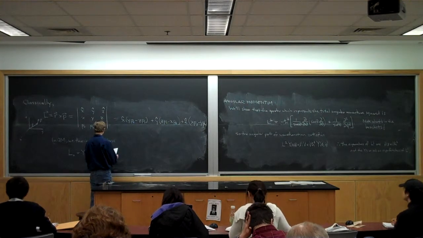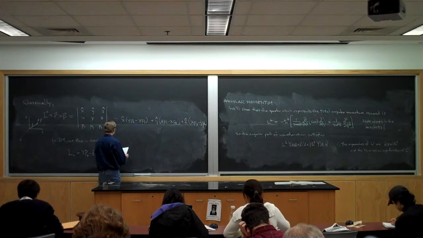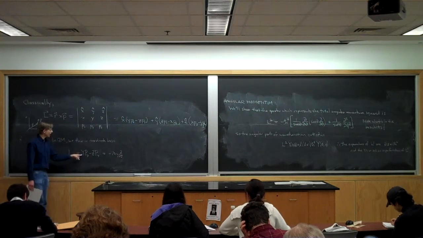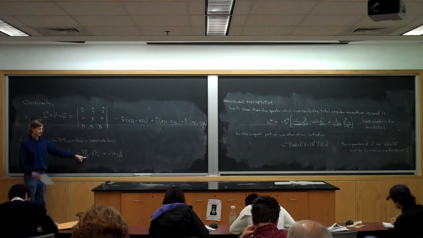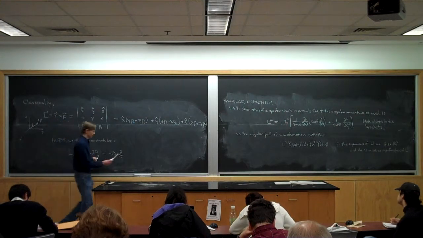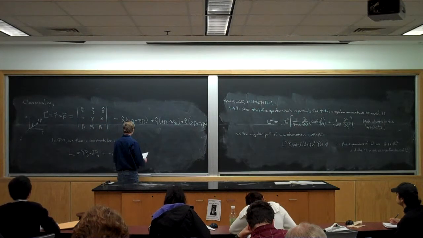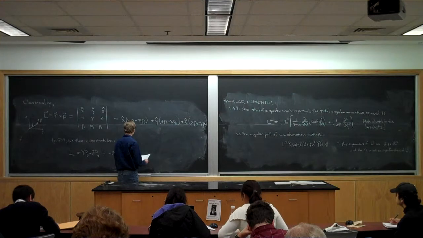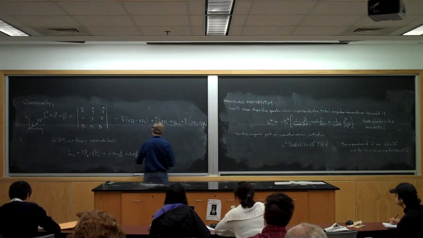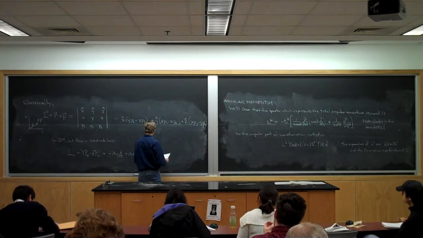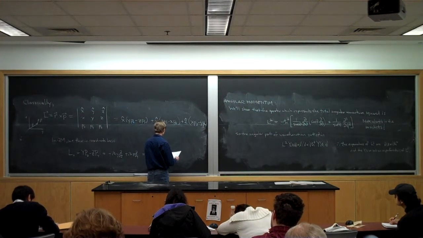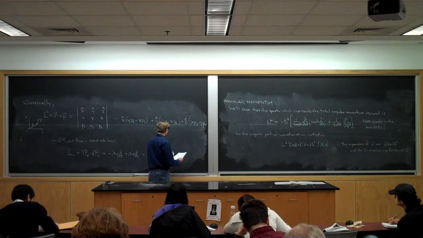So this becomes minus iħ y partial with respect to z, so y times minus iħ d/dz, minus iħ z d/dy, or in other words, plus iħ z d/dy, which is equal to minus iħ times the quantity y d/dz minus z d/dy.